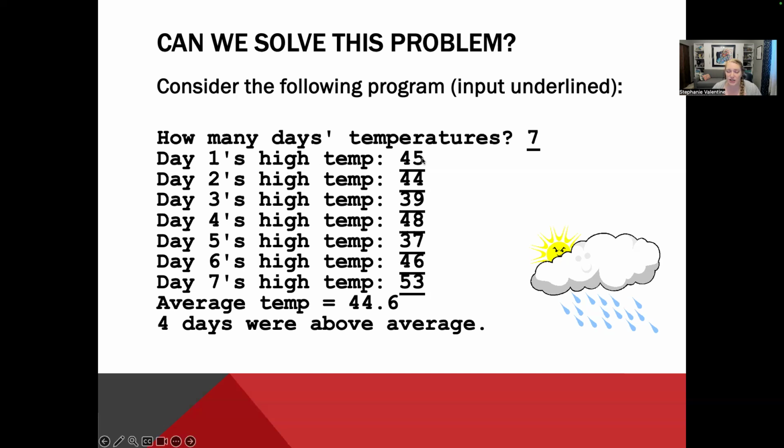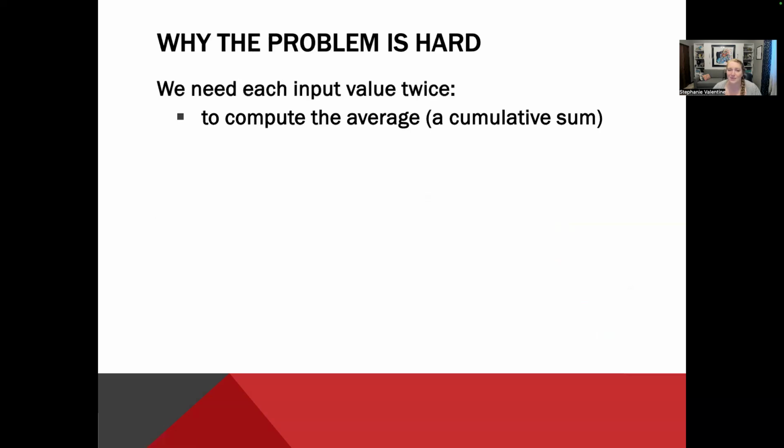We need to use it when we're calculating the average temperature, but we also need to use it to keep track of how many of those days were above the average. So we can't calculate that until we know what the average is. So we need to keep track of all of these inputs that the user has provided.